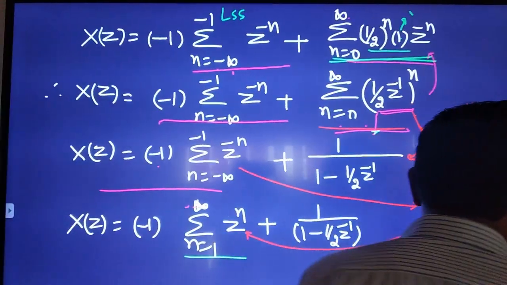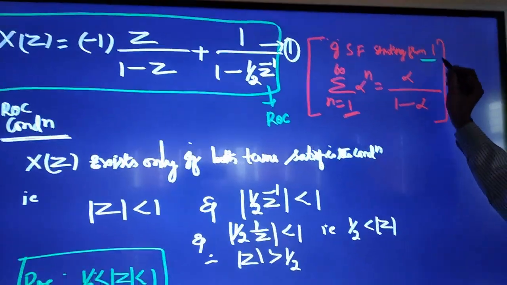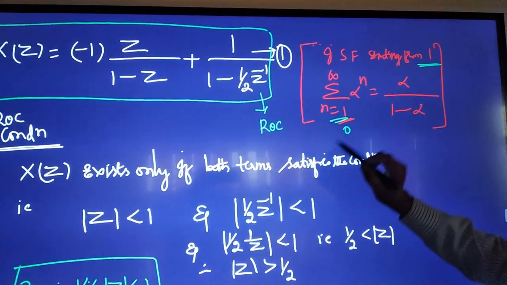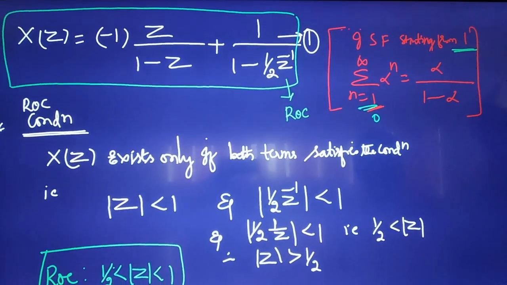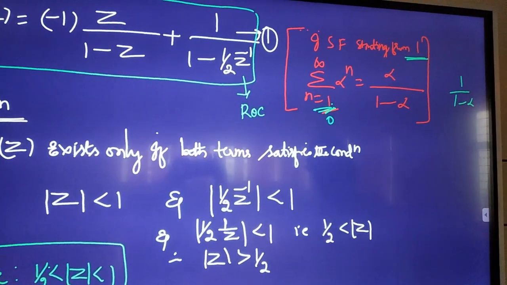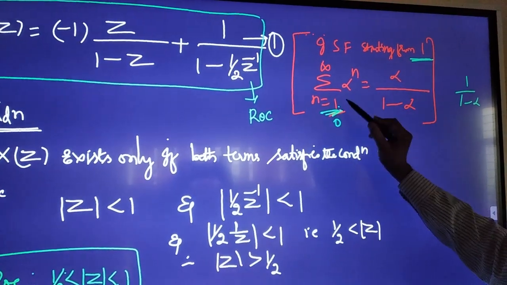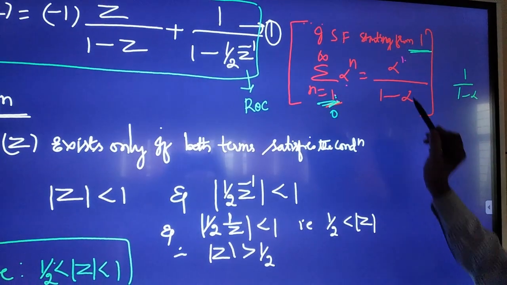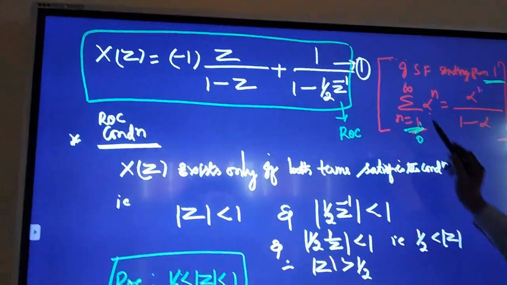What does that formula say? If the sum starts from 0, it is already defined: the summation from n equal to 0 to infinity of alpha to the power n is 1 by 1 minus alpha. But here the summation starts from 1, not 0. Then for alpha to the power n starting from 1, the formula is alpha by 1 minus alpha. This is the formula I will make use of.